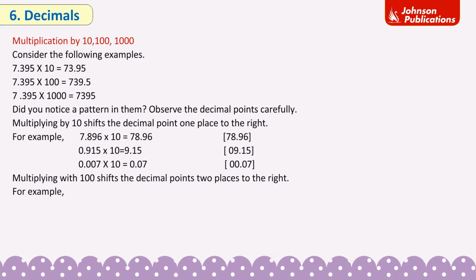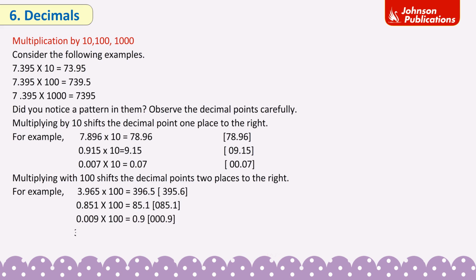For example, 3.965 multiplied by 100 is equal to 396.5. 0.851 multiplied by 100 is equal to 85.1. 0.009 multiplied by 100 is equal to 0.9. 3.5 multiplied by 100 is equal to 350.